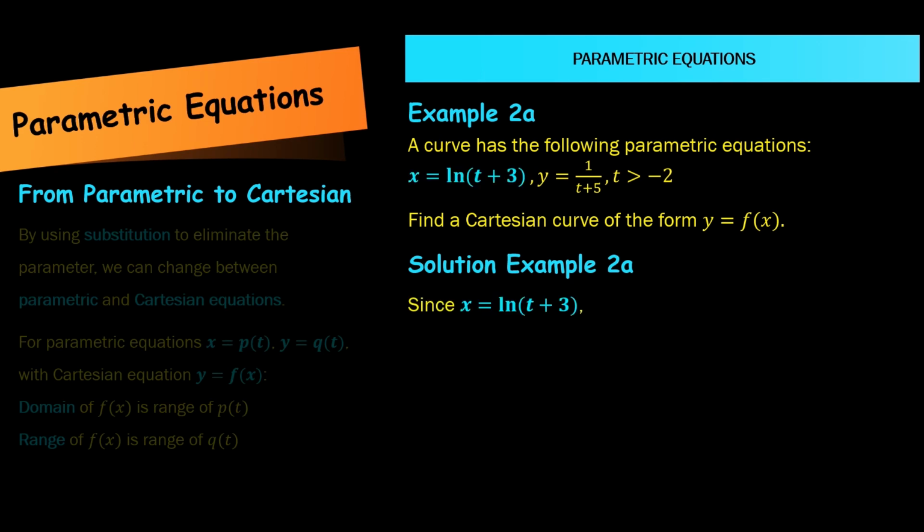Since x equals ln of (t plus 3), we can raise both sides to the power e to obtain e to the power x equals e to the power ln of (t plus 3).